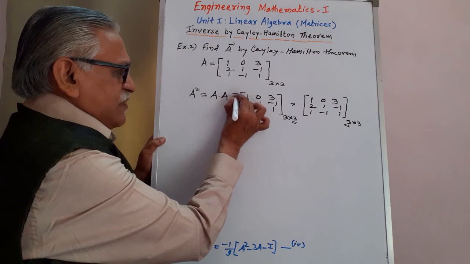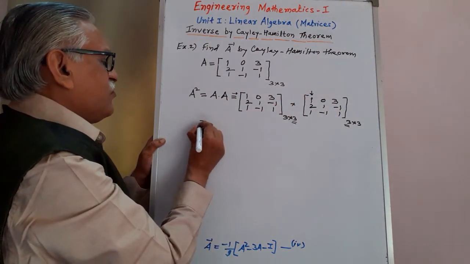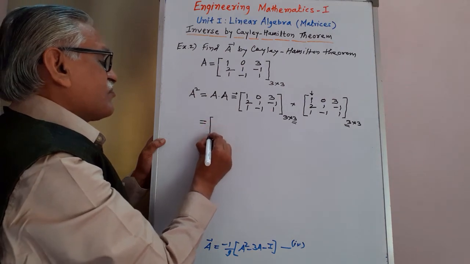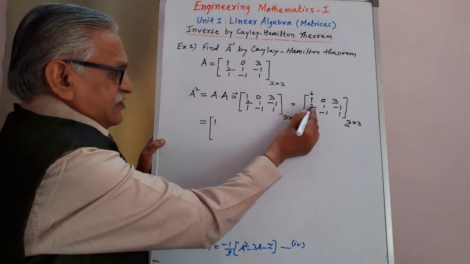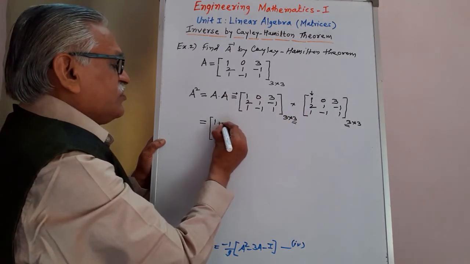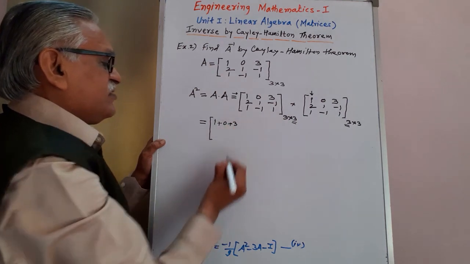For that we multiply row by column. Therefore we have 1 into 1 we get 1, 0 into 2 we get 0, 3 into 1 we get 3.